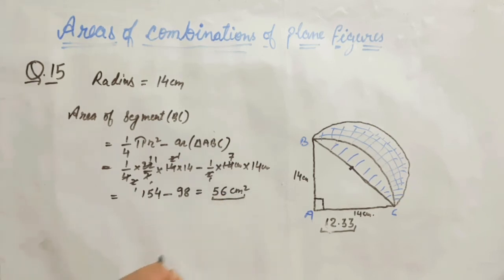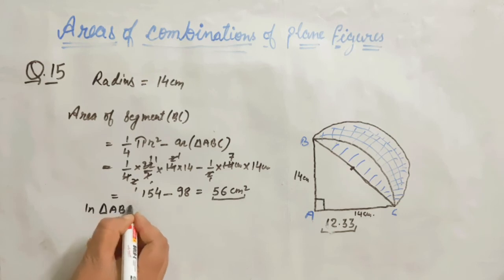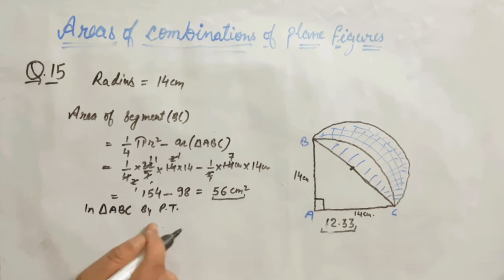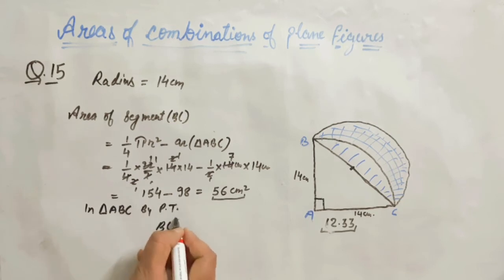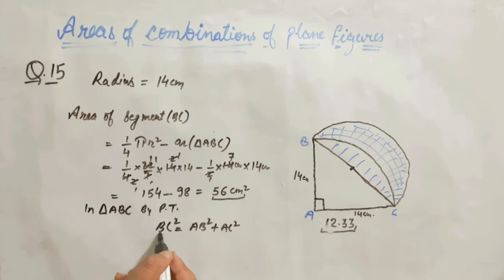Now what will be the area of semicircle? So first of all, we need to find out the radius of semicircle with diameter BC. So BC in triangle ABC, by Pythagoras theorem, BC square will be equal to AB square plus AC square. We know that hypotenuse square equals perpendicular square plus base square.